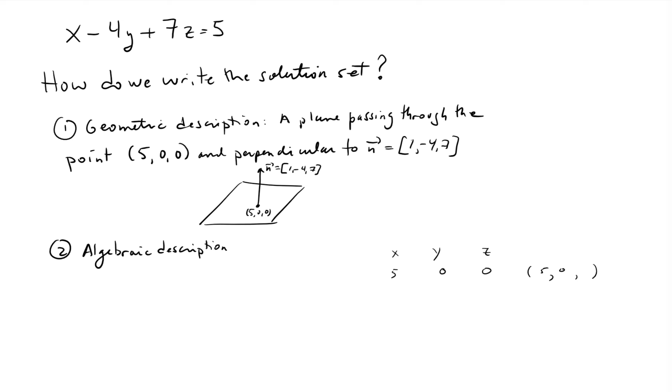So I get (5, 0, 0). If I do this again, I assign values of 1 and 0 to y and z. If I replace in the equation, I get x minus 4 plus 0 equals 5. So x is now 9. So (9, 1, 0).